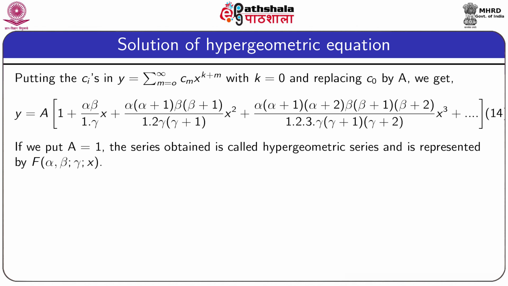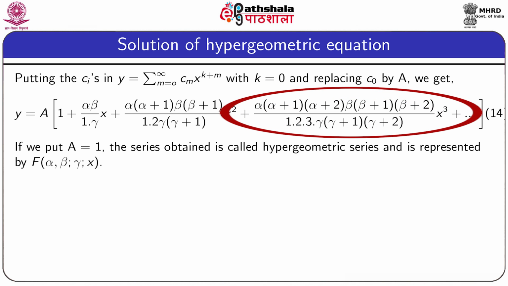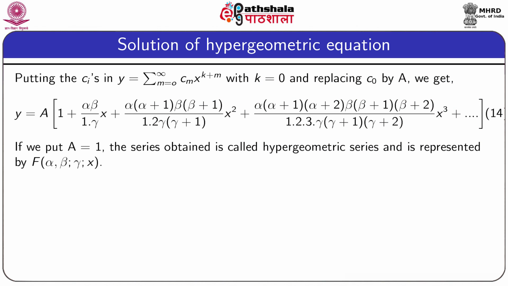We substitute all the calculated values of C_i in y equal to summation m equal to 0 to infinity C_m x to the power k plus m with k equal to 0, and we replace C0 by some constant capital A, and we get our solution as y equal to A into 1 plus alpha beta divided by 1 dot gamma x plus alpha into alpha plus 1 beta into beta plus 1 divided by 1 dot 2 gamma into gamma plus 1 into x squared plus alpha into alpha plus 1 into alpha plus 2 beta into beta plus 1 into beta plus 2 divided by 1 dot 2 dot 3 gamma into gamma plus 1 into gamma plus 2 x cubed plus and so on.